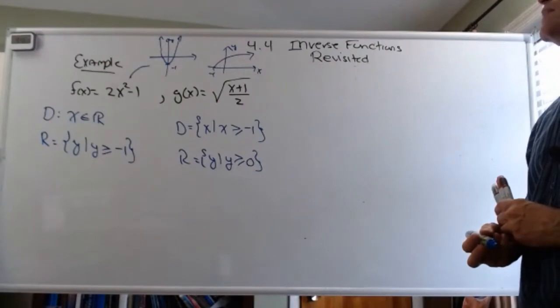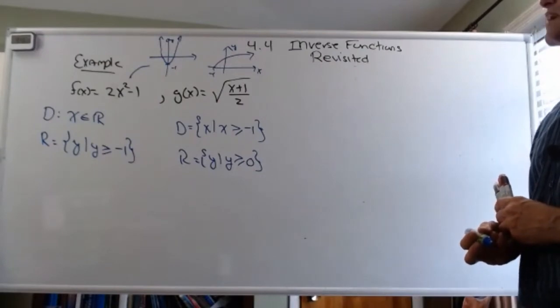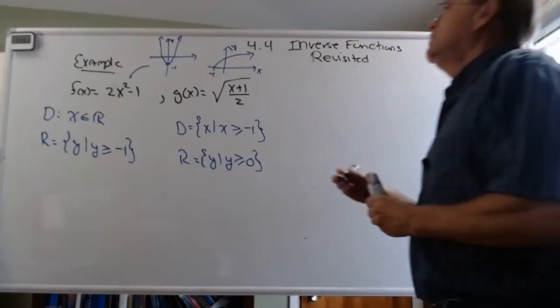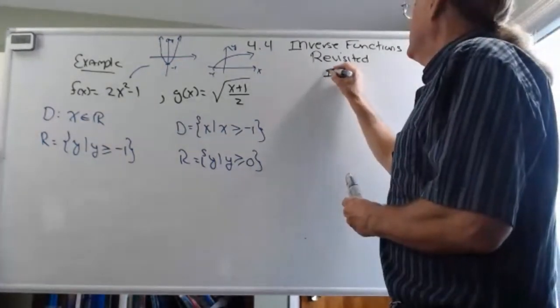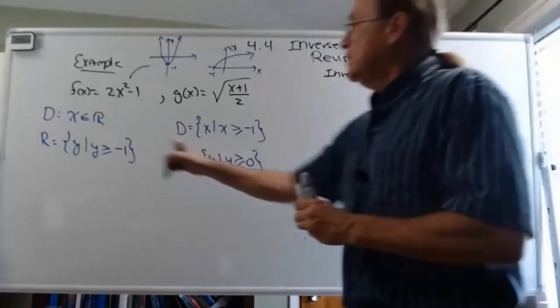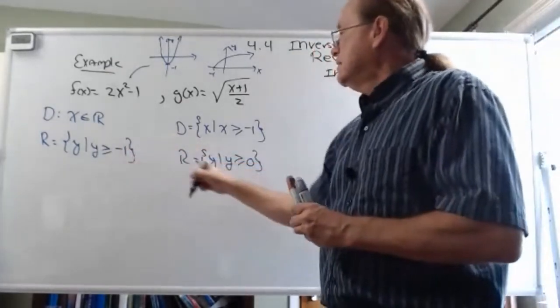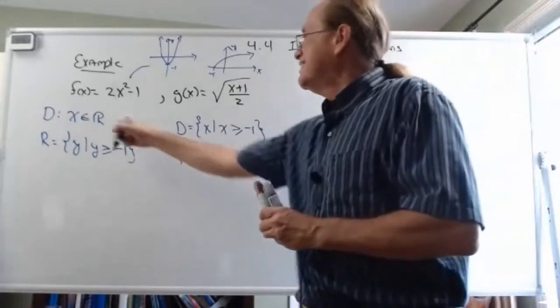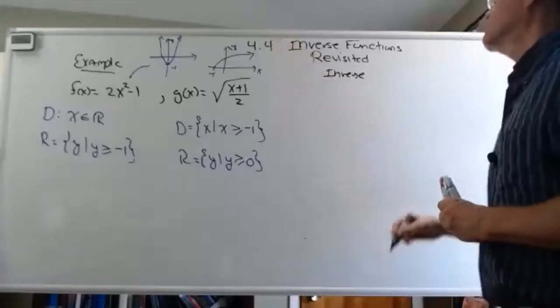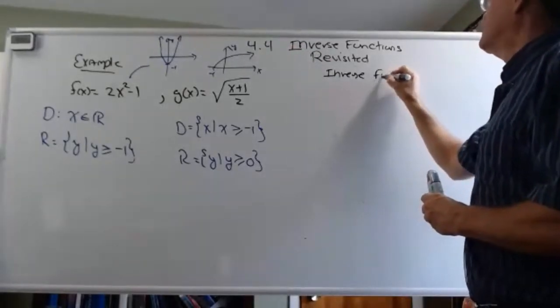Okay. So now let's take a look and test it. Let's do our inverse function test. Are they inverse functions? You do see these correlate, but they're kind of not quite there because it's a restricted domain. I'll talk about that when we look at the picture. So here, inverse function test.